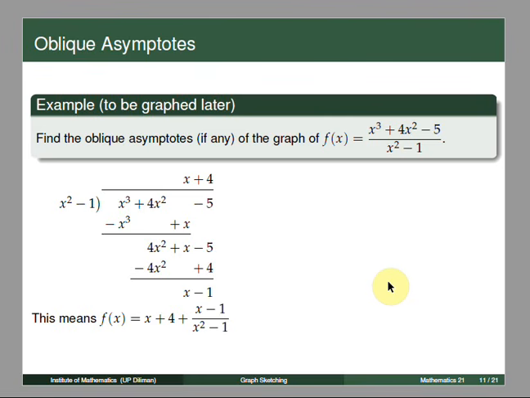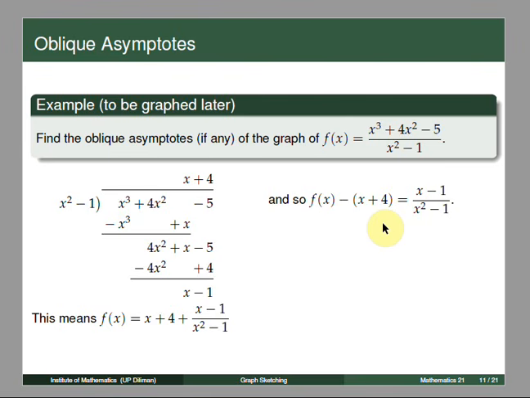To verify this, if you put x plus 4 on the other side, that is f of x minus the quantity x plus 4, which is equal to x minus 1 all over x squared minus 1, this is actually the f of x minus the quantity mx plus b as written in the definition.